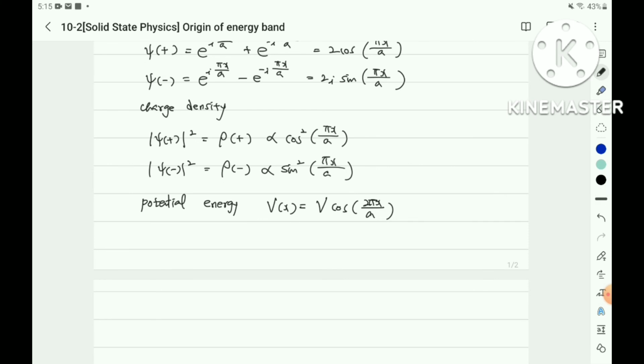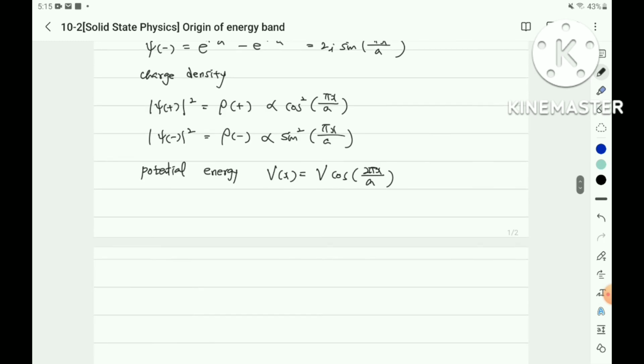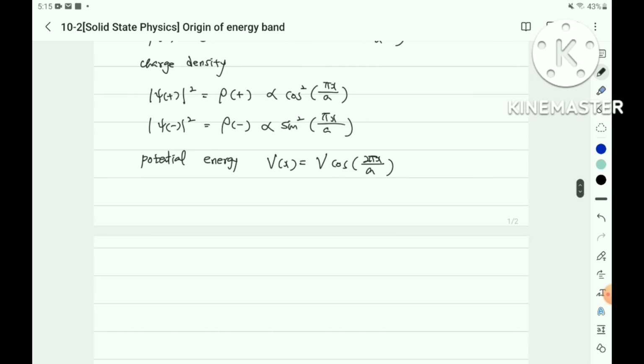Then there is an energy difference between the right traveling wave and the left traveling wave, and let's consider the energy difference between psi plus and psi minus.